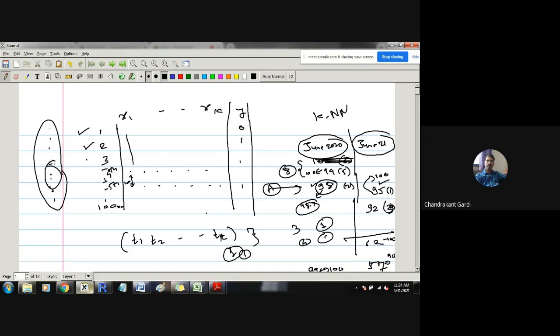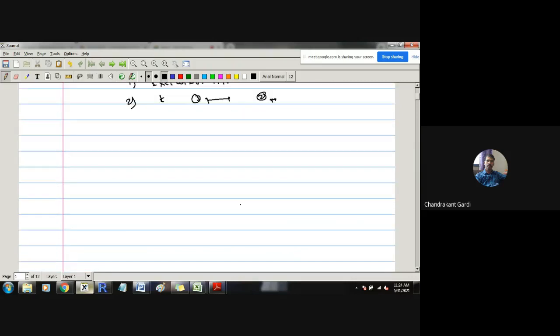Therefore, what we are doing is this x1 will be measured out of 1. All these values of x1 will be mapped between 0 and 1. Similarly, these x2 values will be mapped between 0 and 1, and xk values will be mapped between 0 and 1. Whatever values the x1 variable is taking, this is the range, and all those values will be mapped onto this range. The minimum value will be mapped to 0, the maximum value will be mapped to 1, and all other values will be mapped accordingly.